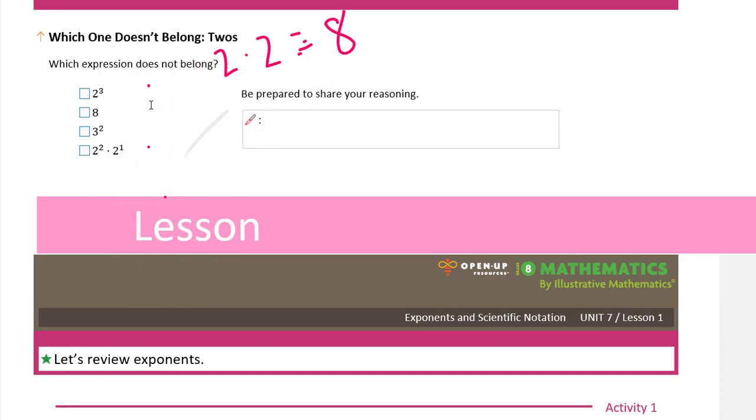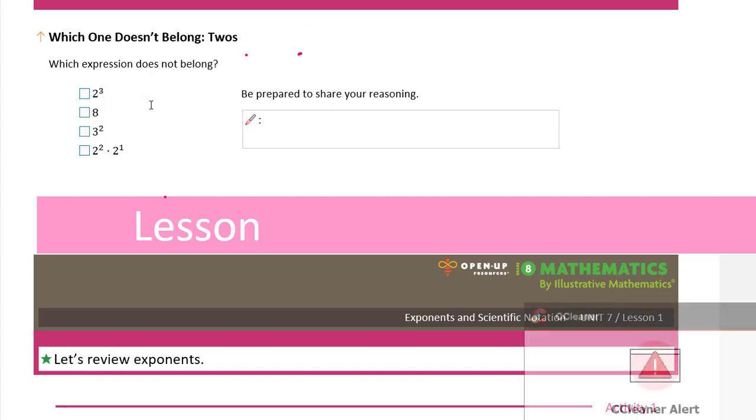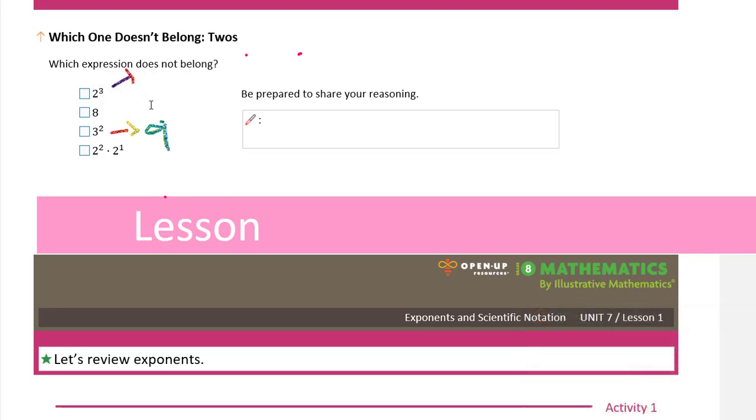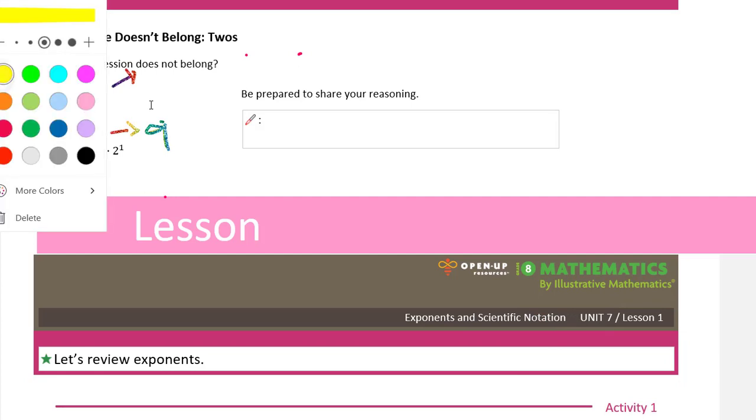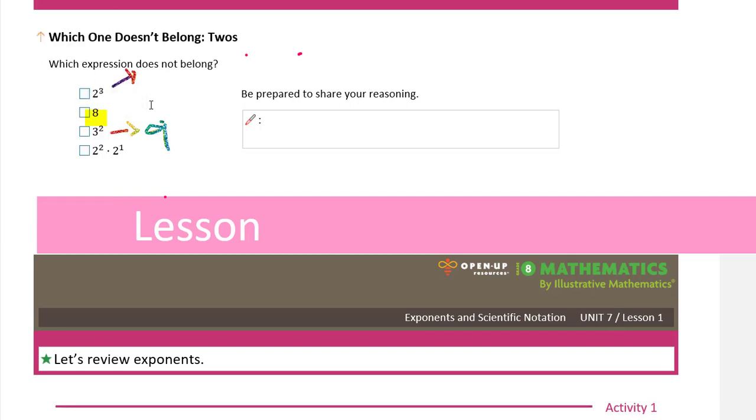We could also look at some other ones of these. You know how much I love these, which one doesn't belong, because we could choose most of these if we have good reasoning. So we've said this one could be different because it has a value of 9. This one, what's different about that one? The 8 is different because it's the only one that doesn't have an exponent.